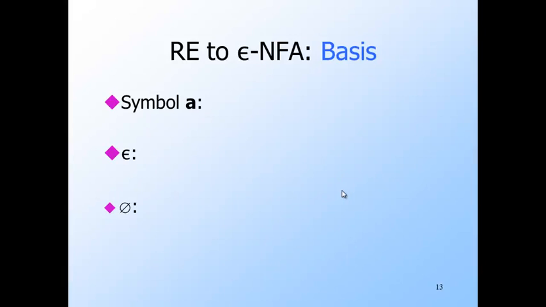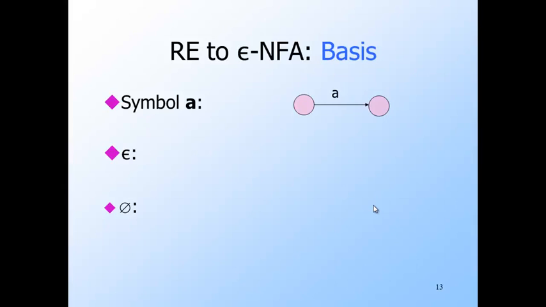And here are the basis cases, the expressions with 0 operators. Okay. A regular expression without operators has to be one of the basis cases from the definition of regular expressions. If the expression is a symbol A, then the epsilon NFA we need consists of only a start and a final state with an arc labeled A from start to final.